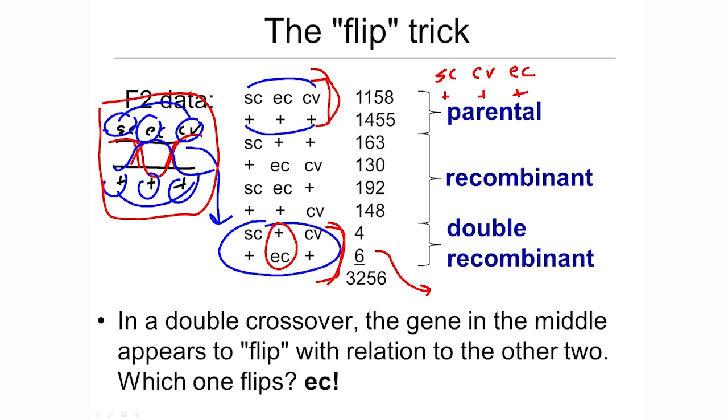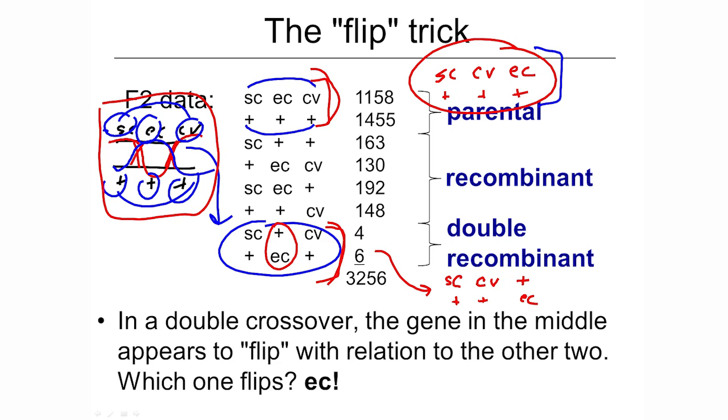They're SC plus and CV, but we could write SC, CV, and plus, and that's really the same thing if the order is not taken into consideration. And they're plus EC and plus, but the way we drew it up here, that would be plus EC and plus.